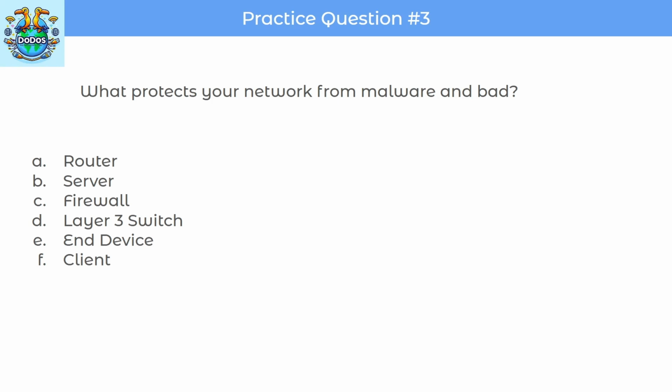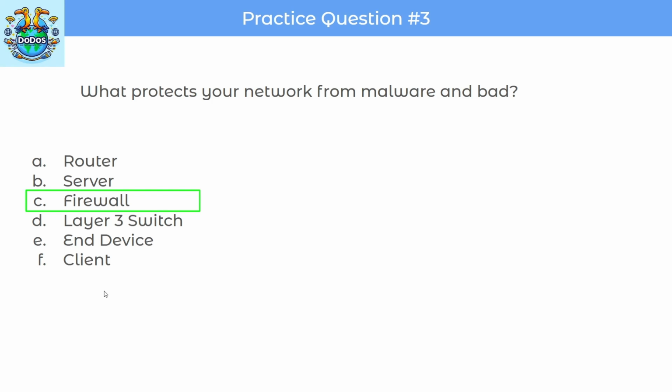Practice question 3. What protects your network from malware and bad things? Is it a router, a server, a firewall, a layer 3 switch, an end device, or a client? The answer is C, firewall.